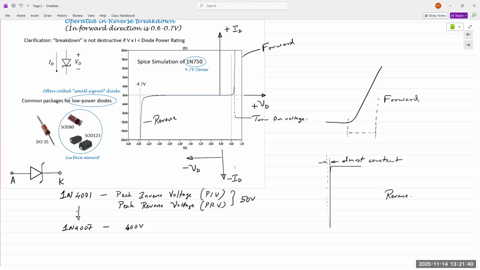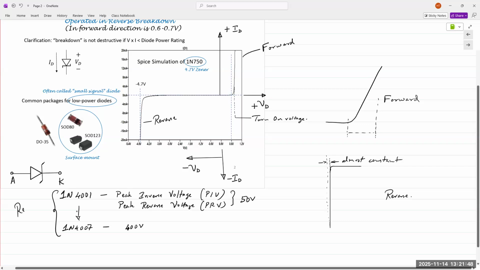Okay, so the cathode has whiskers on it. That's the symbol for a Zener diode. So 1N4001 and 4007 are regular diodes. They are not Zeners.